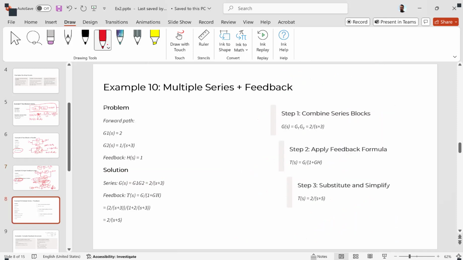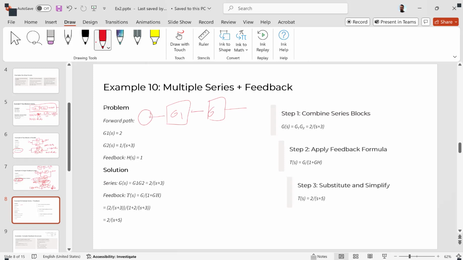Now, next one says that if we have multiple transfer functions in series in the forward pass, I mean we have G1 and G2 in our forward pass, and we have a feedback, which that feedback also has its own transfer function.